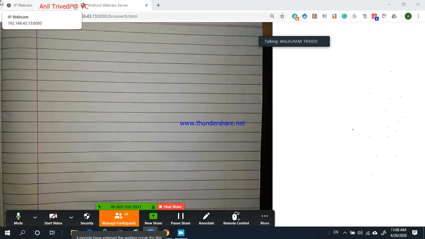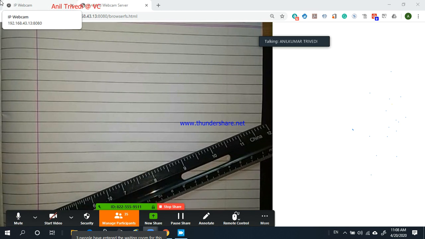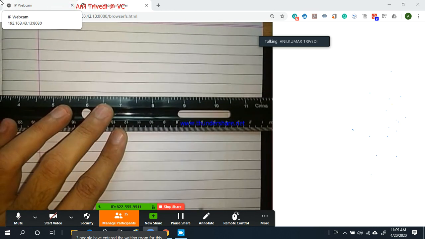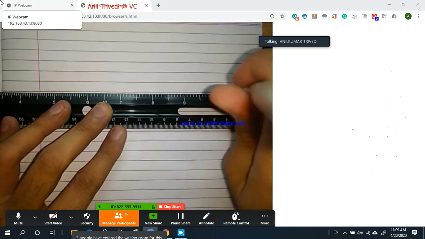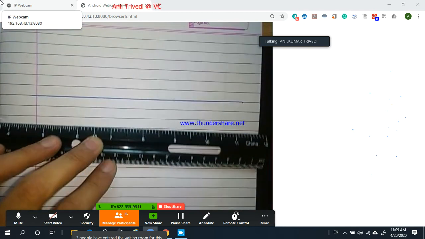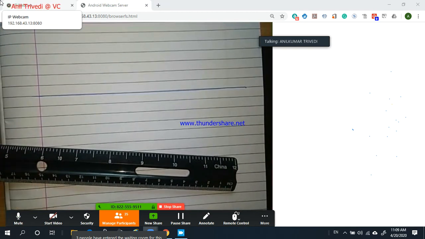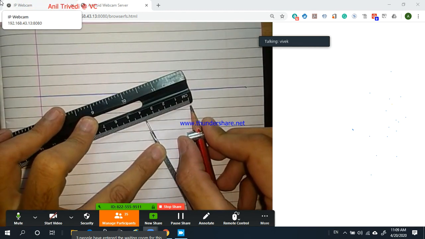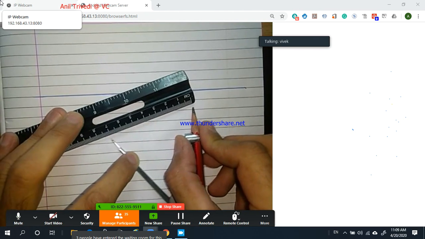First thing to draw is the principal axis. So this is the principal axis. And then our standard practice, we open it by how many centimeters?